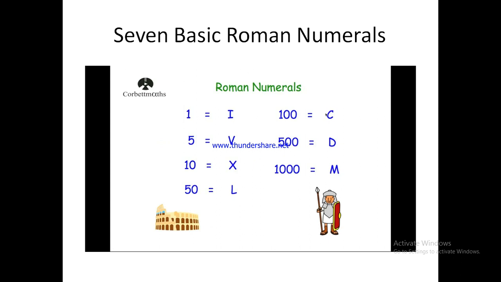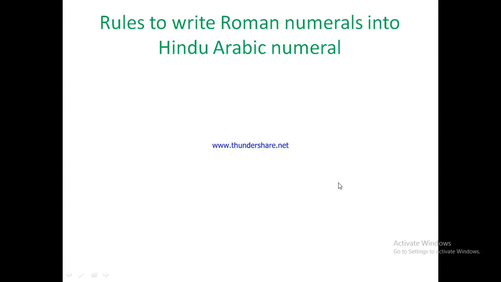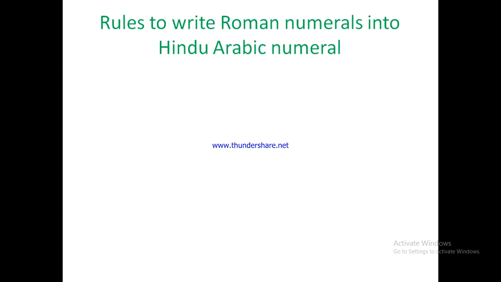Already in class 4th you have applied I, V and X. In class 5, children, we will see the rules for L and C. So children, the rules to write Roman numerals into Hindu-Arabic numerals, we are covering only L and C.